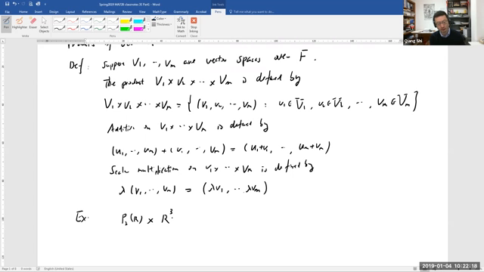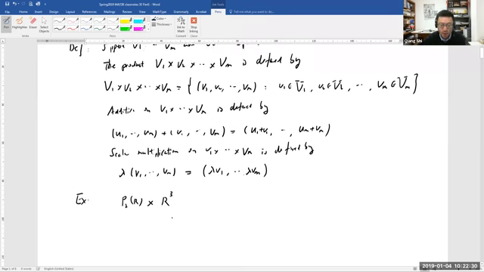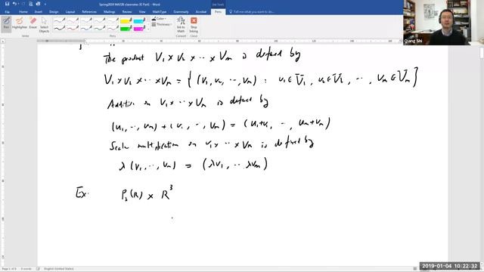In that case, your first vector space is the polynomial vector space, all the polynomials of degree less than or equal to 2, and your second vector space is our standard R^n with n equal to 3. So what would an element belonging to this product space look like? Well, you can take something like 3 plus 5x minus 7x squared.